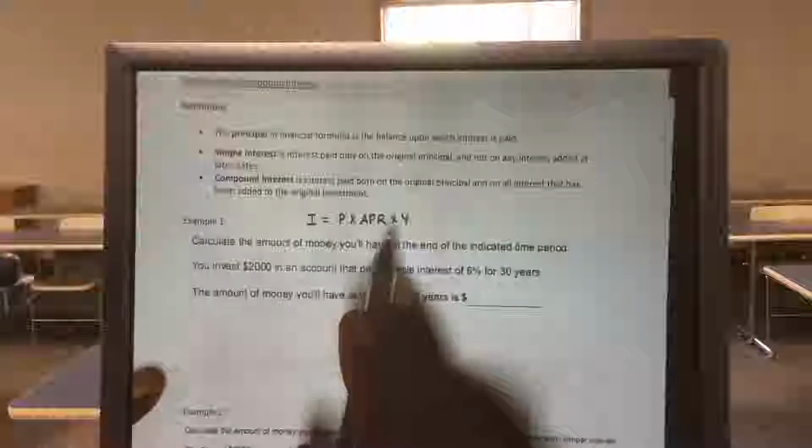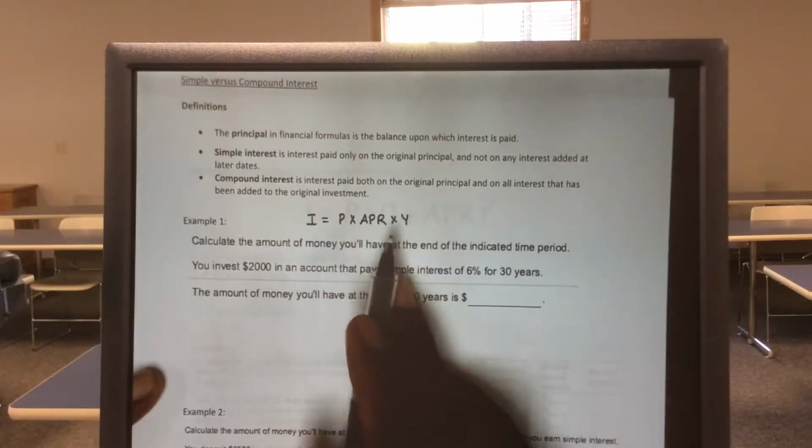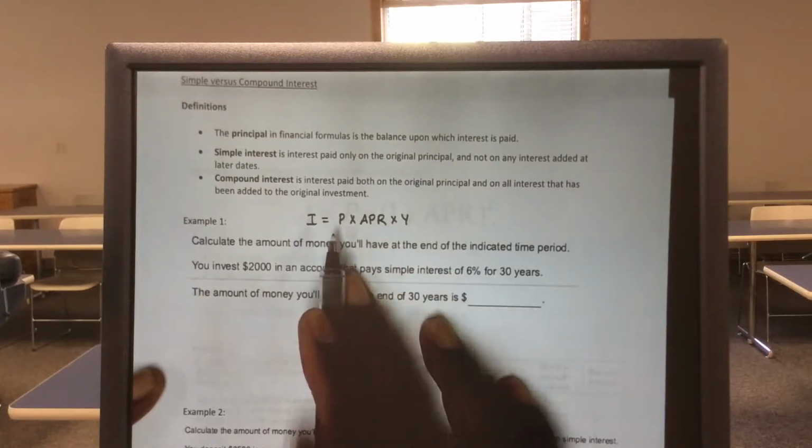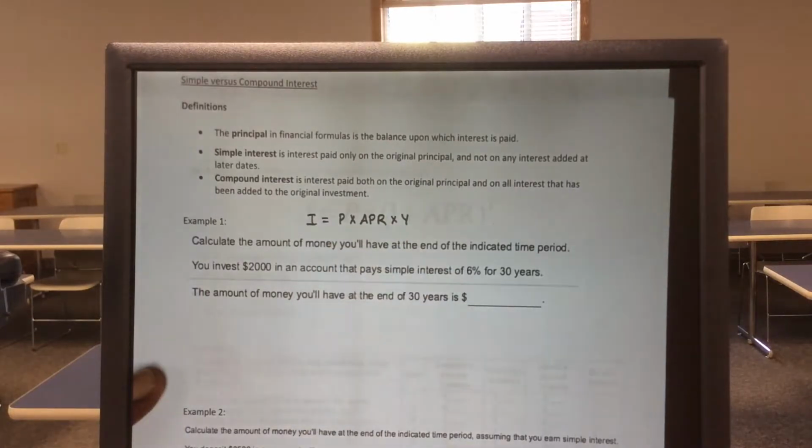Now the APR is the annual percentage rate as a decimal here. So when you convert a percent to a decimal, you always drop the percent sign and divide by 100. The Y is going to be the years, which is the time.